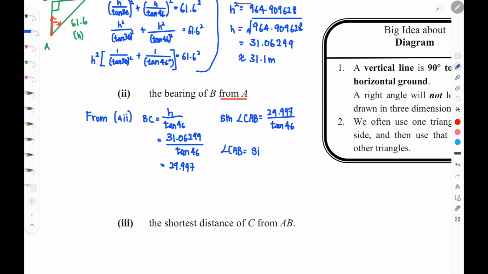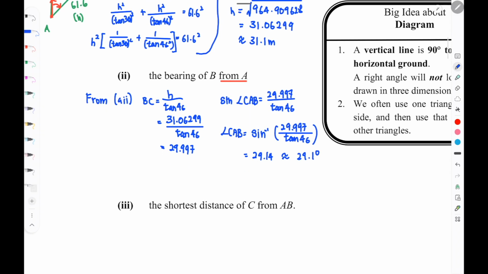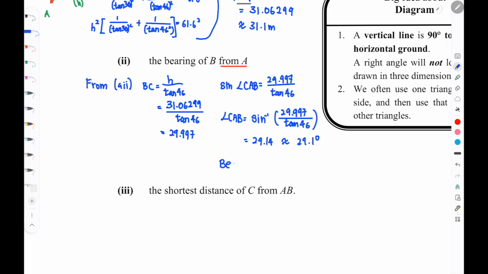Here comes sine inverse of 29.997 over tangent 46. I get an angle of 29.14, which I can round off to 29.1 degrees. But since they are asking for bearing, I cannot just leave it as 29 degrees. So the bearing equals 029.1 degrees. You need to put it in 3 digits, and in this case 1 decimal.